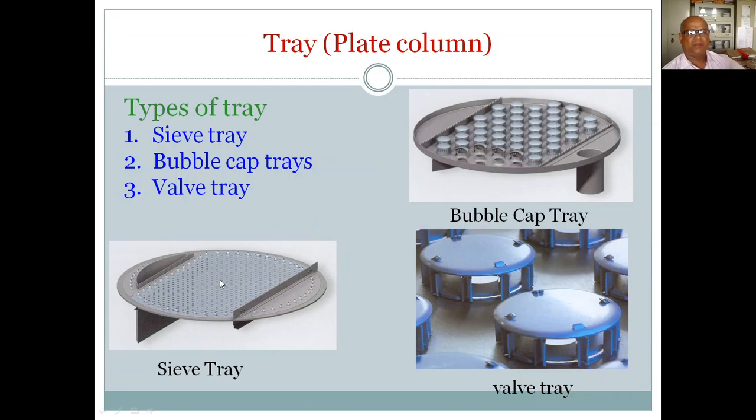Okay, so if the gas flow rate is very low and the liquid flow rate is very high, then dumping and weeping will occur.